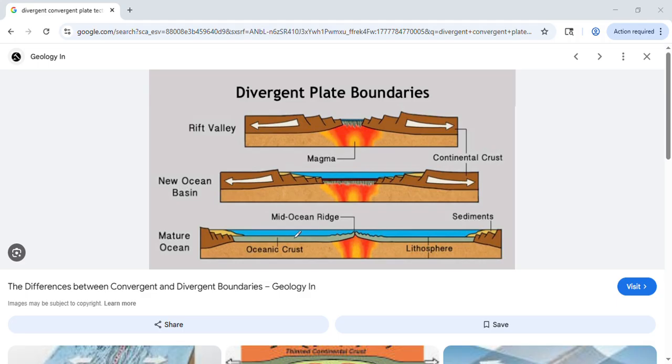Next question, how were the Himalayas formed according to this theory? The Himalayas were formed due to continental convergence. This plate is the Eurasian plate and this is the Indo-Australian plate.